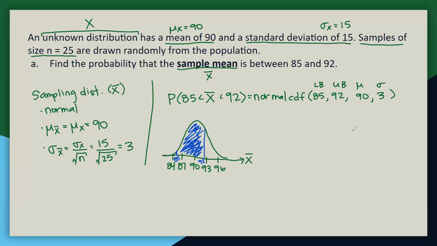Remember that if you're on GeoGebra, you need to do normal minus normal. So you're going to have a normal function call for the upper bound. And remember that GeoGebra wants the mean and the standard deviation first, and then that upper boundary. And then you'll repeat mean, standard deviation, lower boundary.